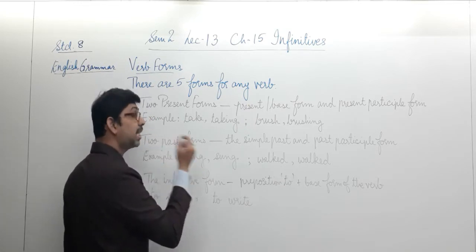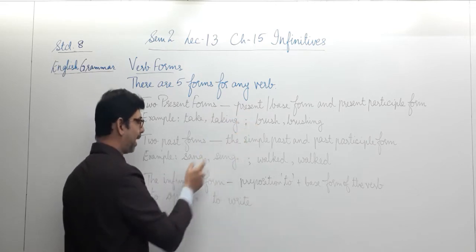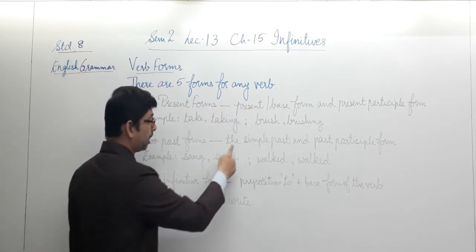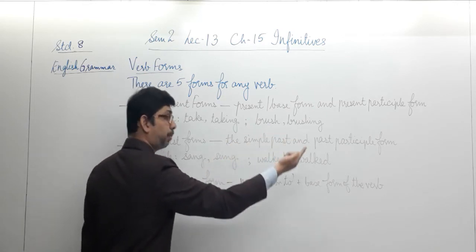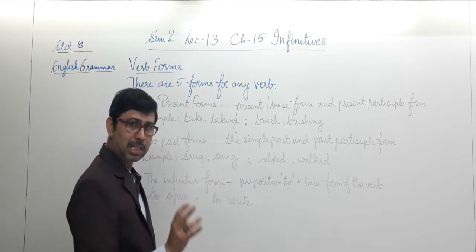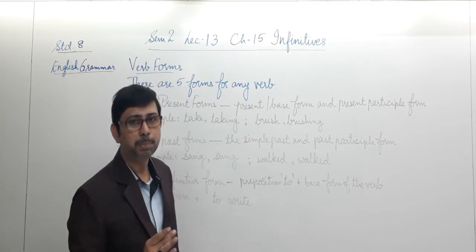Example, if I say sing is the base form in the present, so sing changes to its past form as sang, isn't it? Sang, simple past form, and if I want to write its past participle form, I have to change it to sung. Sing is the present form, sang is the past form, and sung is the past participle form.